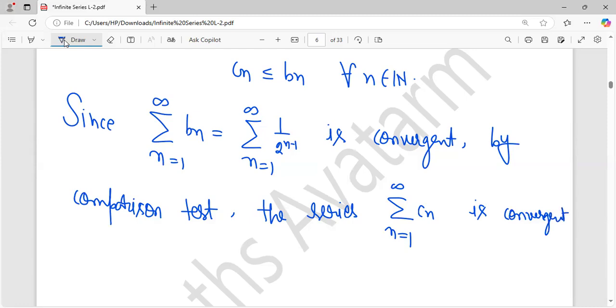It means this series 1 upon factorial n is convergent.